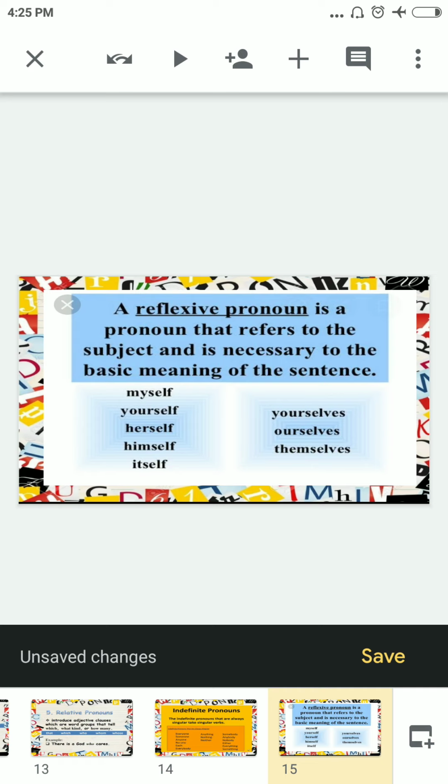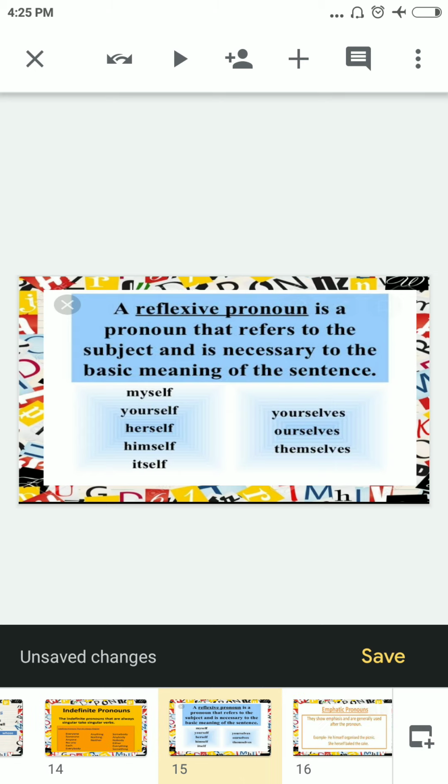See, I have taken the word "yourself". You are going to understand yourself. The sentence was started with "you", so when it comes back to us as reflection, it comes in the form of "yourself". "Your" changes into "yourself" while we are using it as a reflexive pronoun. I hope that you understand.